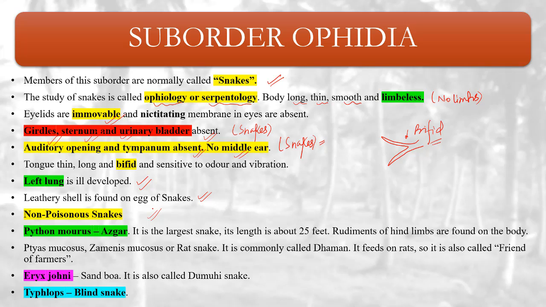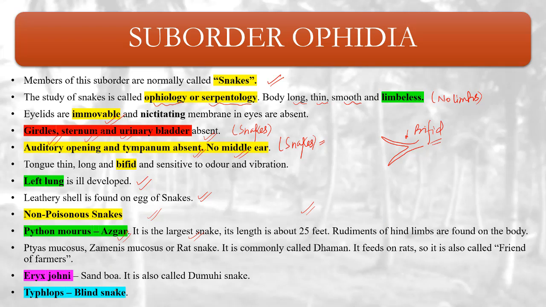Now coming to next, python, ajgar. It is a non-poisonous snake, the largest snake, length around 25 feet. Rudiments of hind limbs are found on the body.